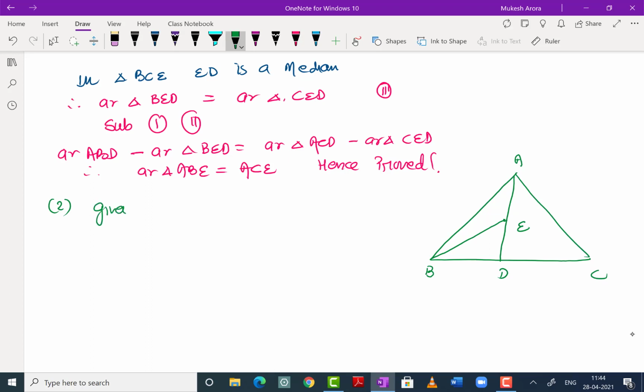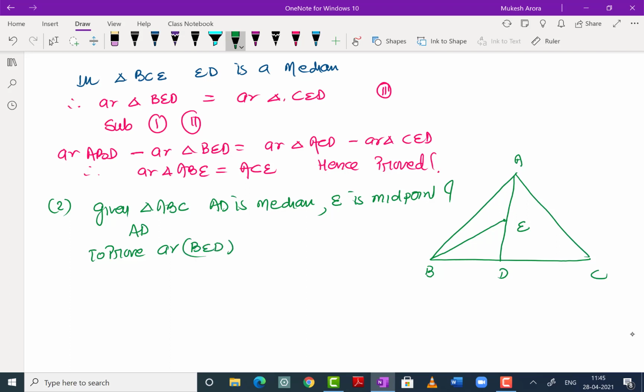Given: triangle ABC, AD is median and E is midpoint of AD. Prove that area of BED is equal to 1/4 the area of triangle ABC.